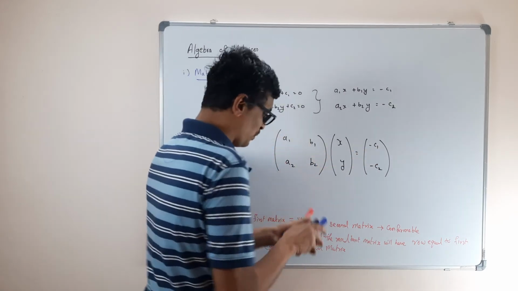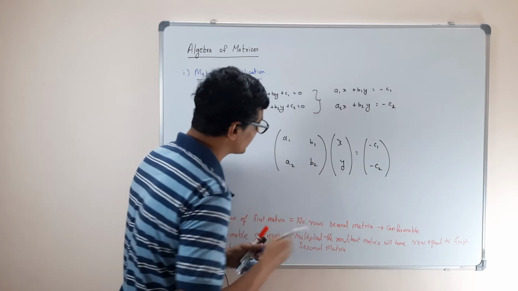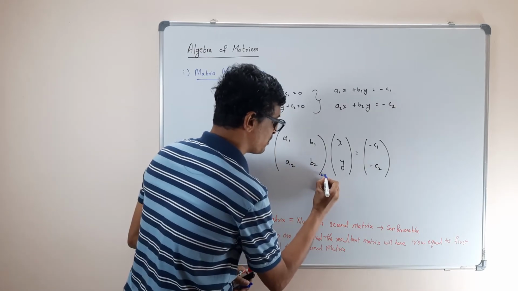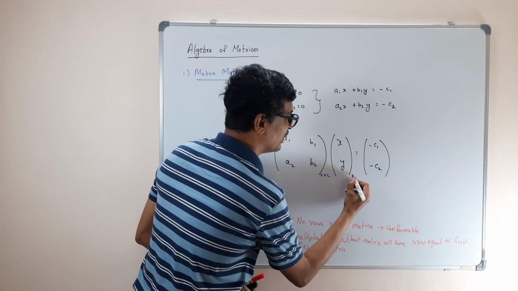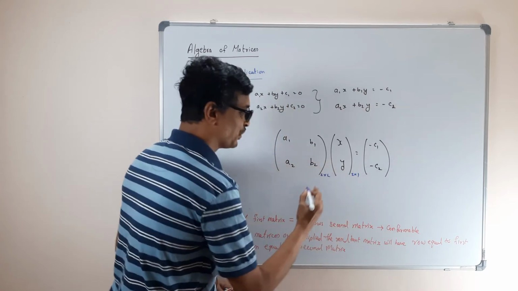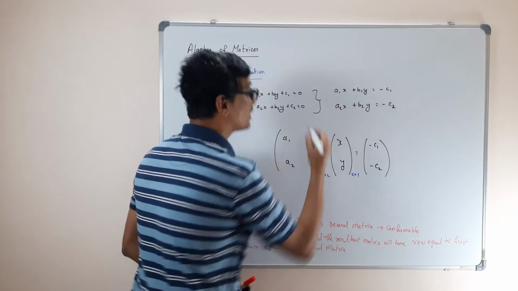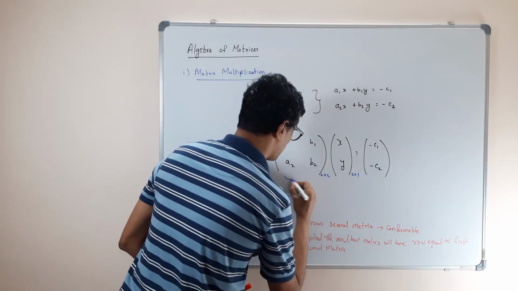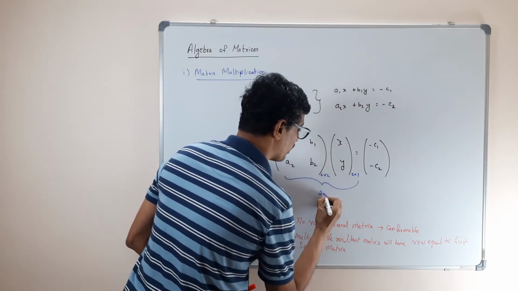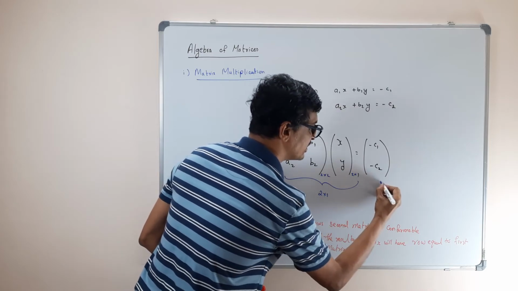What is the order of this matrix? This is 2 cross 2, and this is 2 cross 1. So the resultant matrix will be 2 cross 1, and that's what this is.